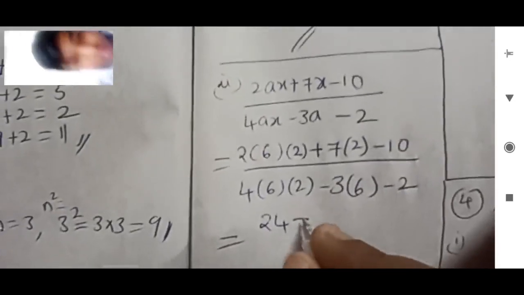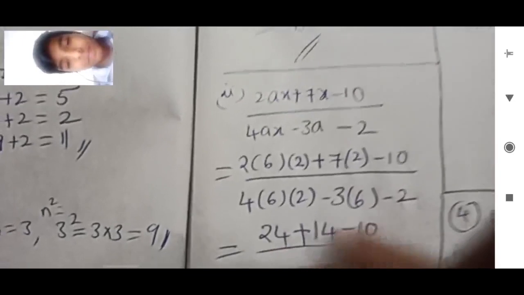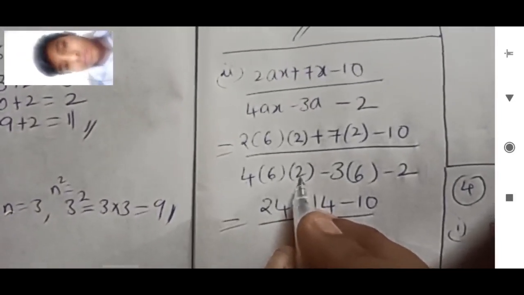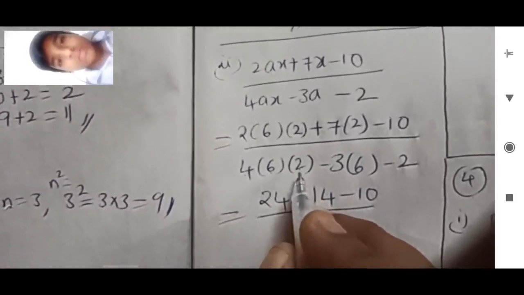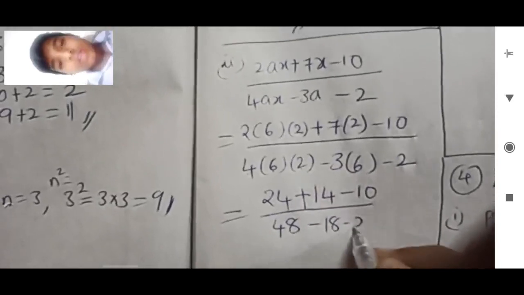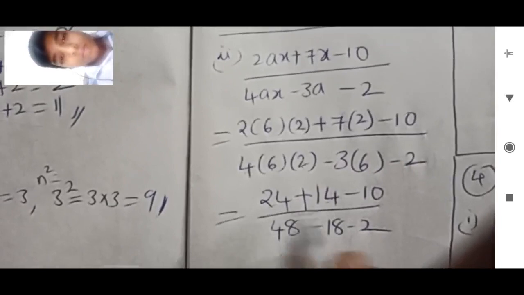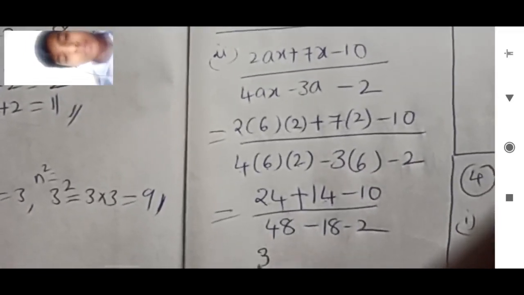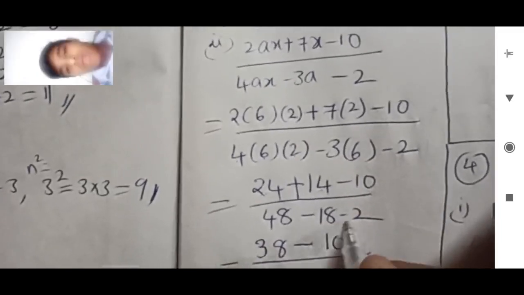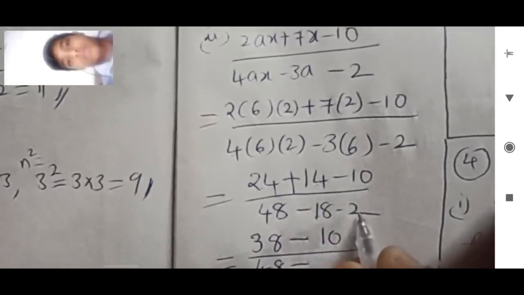Plus 7 2s are 14, minus 10 divided by 6 4s are 24, 24 2s are 48. Yes, 48 minus 3 6s are 18 minus 2. So here 24 plus 14, positive values I am adding. So 38 will come, minus 10 by here. These two are negative numbers, those I will add. Minus 18 minus 2 is minus 20.